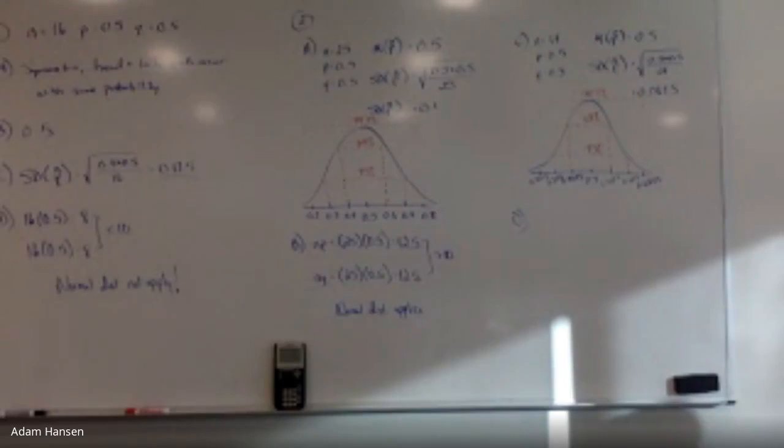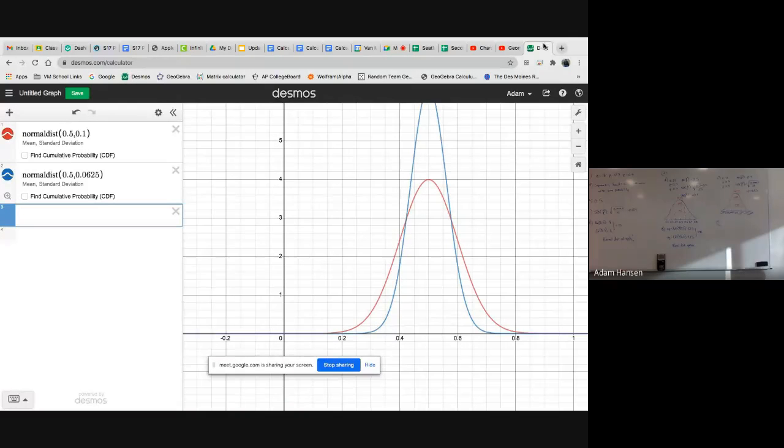Different how? Which one's skinnier? Flipping it less times or more times? 25 flips or 64 flips? More times. When I have more flips, when I increase the sample size, there's less variability from the overall average. The curve is narrower because there's less difference than what you'd expect. There's less variability from the 50% expected average.